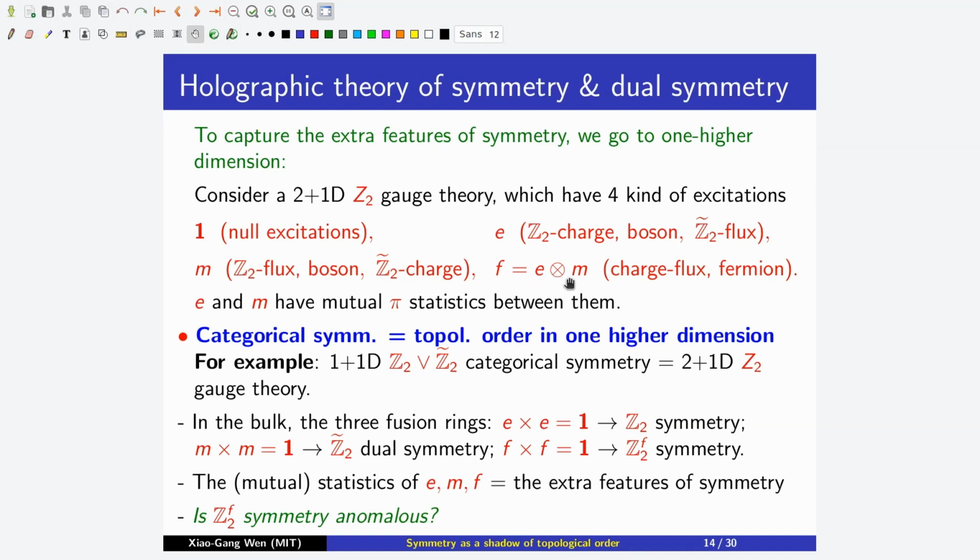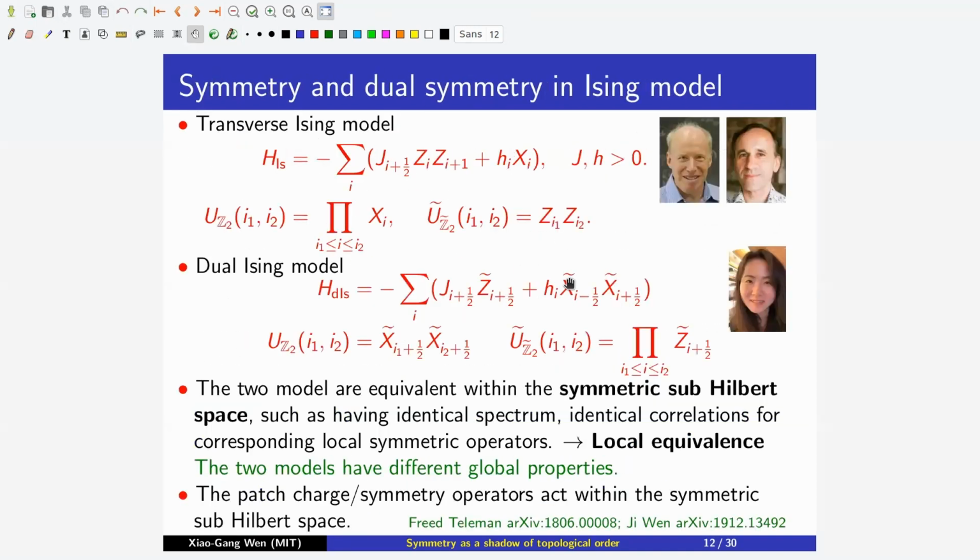And this actually relates to Xia's question. Of the two patch operators we considered, each generates a Z2 symmetry, the Z2 and the Z2 dual symmetry. But we can consider their combination. If you combine the two, that generates the combined Z2 and Z2 dual symmetry, and it should be a fermionic symmetry.